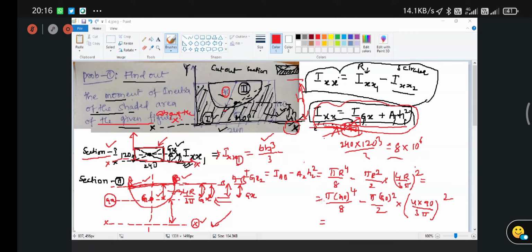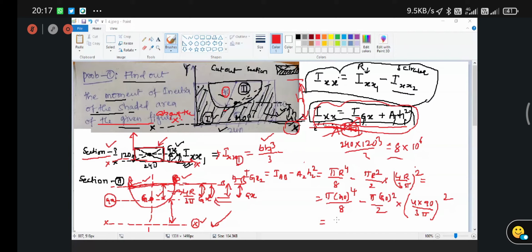Before I calculate the value, π is 3.14. So π r⁴, 90⁴, divided by 8, minus π into r², 90 whole square divided by 2, into 4r by 3π.